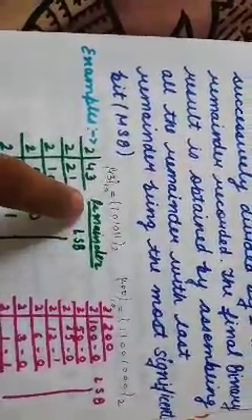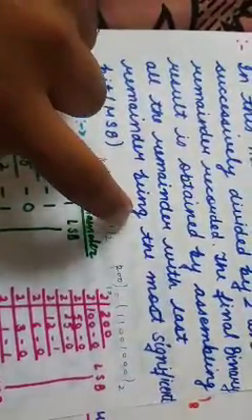This digit is called the MSB and this digit is called the LSB, most significant bit and least significant bit. Collecting the bits from downward to upward, MSB to LSB, gives 101011. This is the conversion of decimal number system to binary number system. So we can take any number, start dividing and collect the remainders.